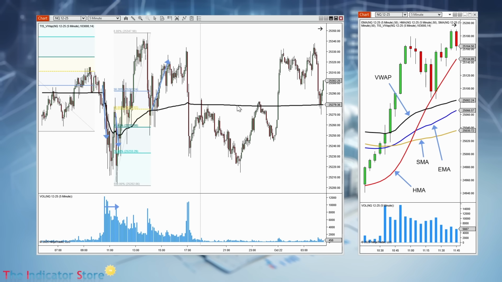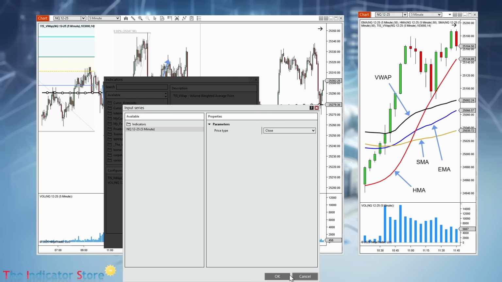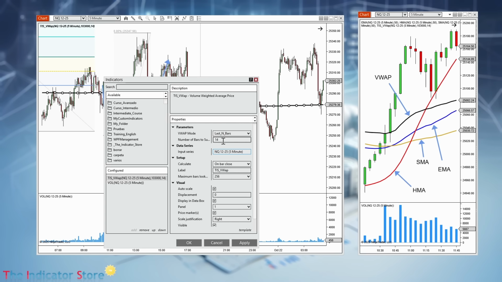By the way, the line that we are looking at here is the TIS VWAP. It also has a feature that is more similar to a moving average, because it looks at the last n bars. So it is like a moving average, but weighted by the volume.